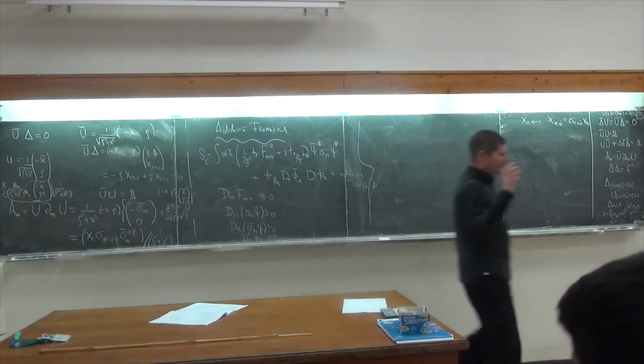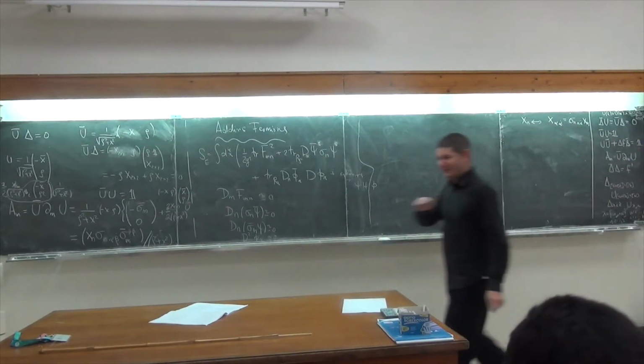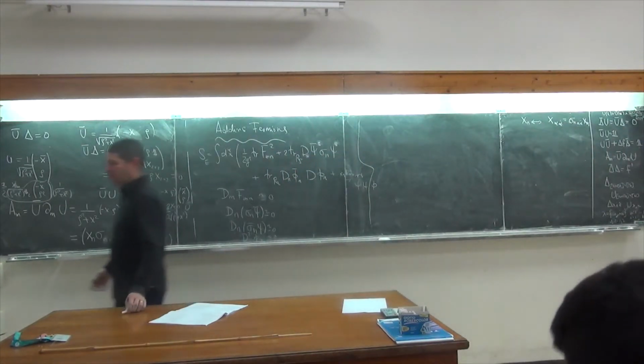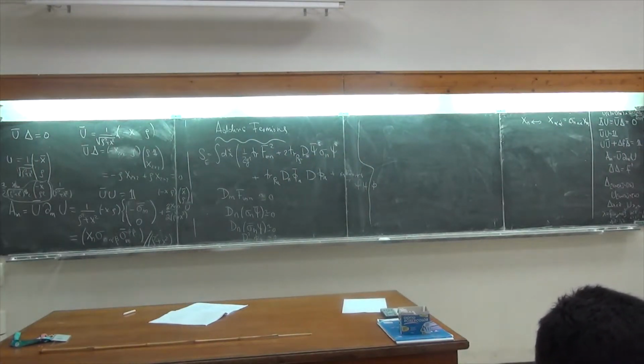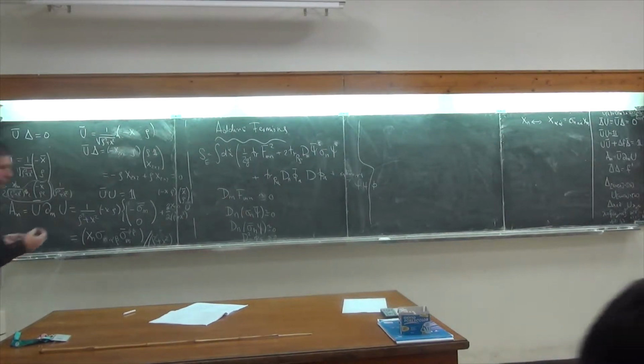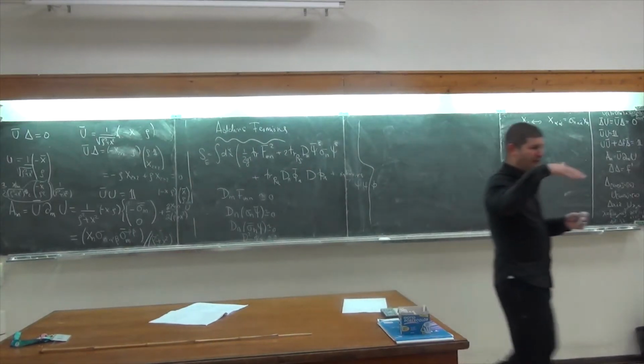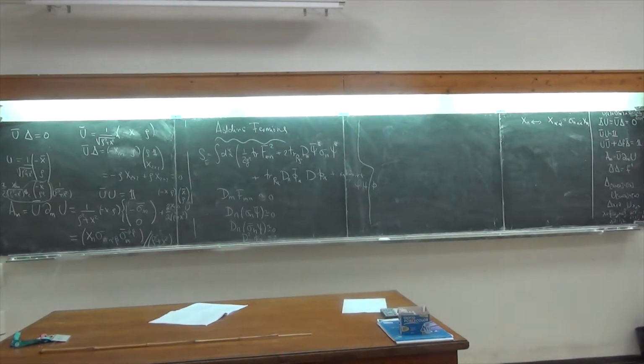Let me just give you an idea why I can be so naive at this order. We will see that most of the computations that we will do are topological in some sense, and very insensitive to small corrections.